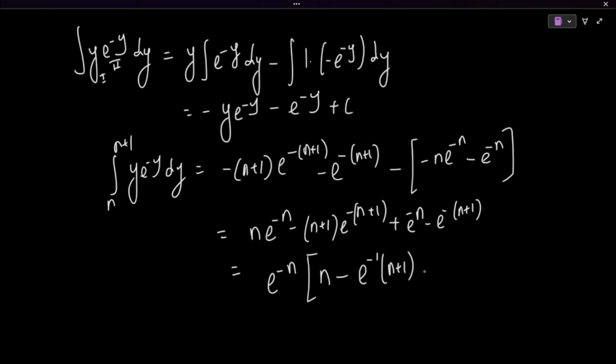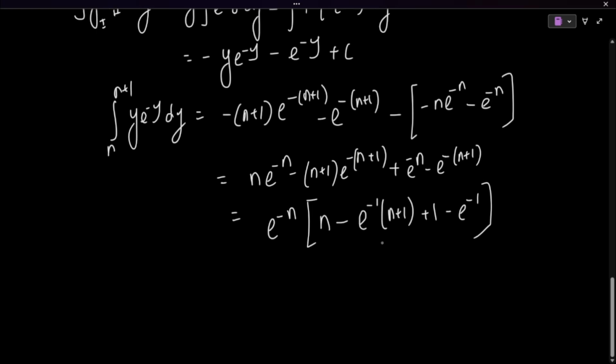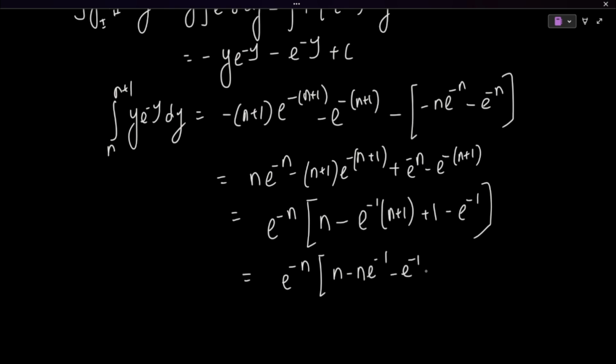Similarly, here you simply get a 1, and here again you get a minus e to the power minus 1. And let's do it further, one more step. And e to the power minus n, and you just simply write n minus n e inverse minus e inverse plus 1, and then minus e inverse. So this is what you have in total. Okay, this is what you have.